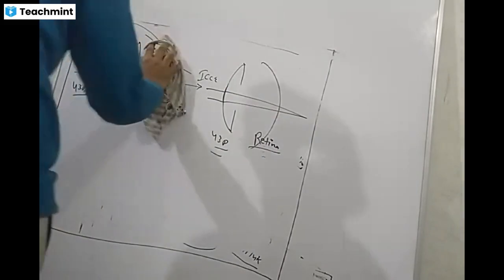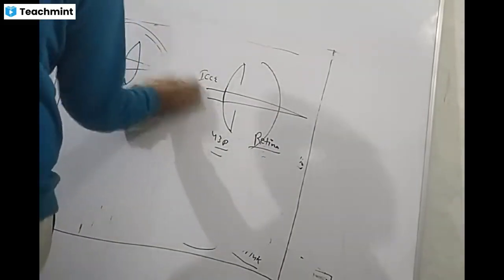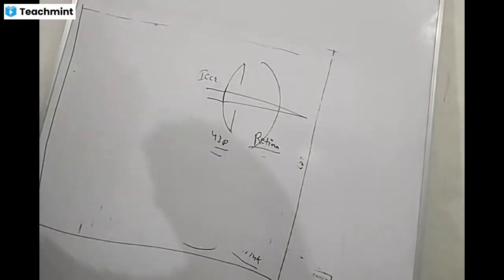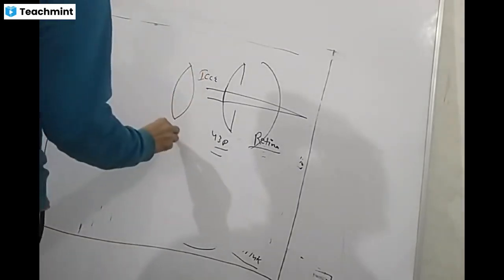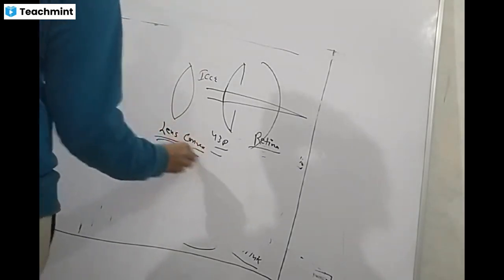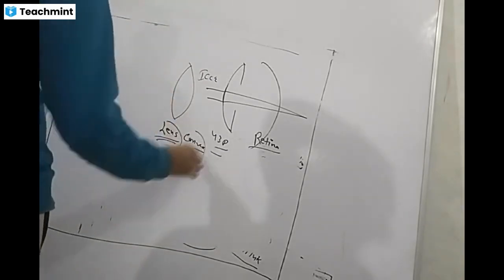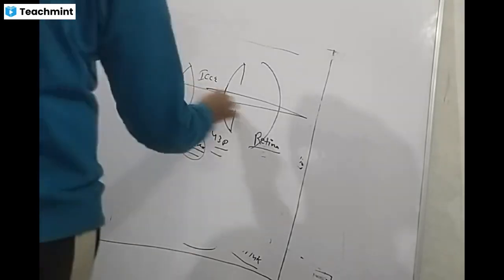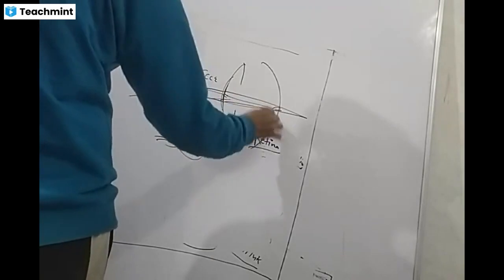So in such a situation, where the image is formed behind the retina, what is compulsory to use is glasses. If you use a convex lens, if you wear the chashma, the convex lens will bend the light, the remaining will be bent by the cornea and then it will focus on the retina.